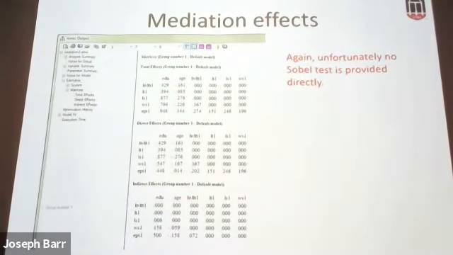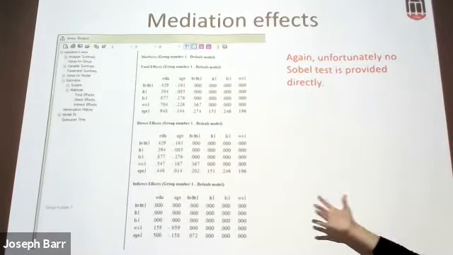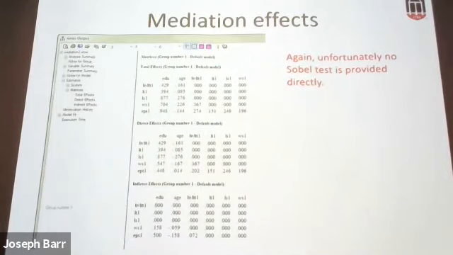No p-value, no confidence interval. If you want to check the significance of all of these effects, you need to run the bootstrap resampling method, and they will provide the bootstrap standard errors, and to check if it's significant or not.